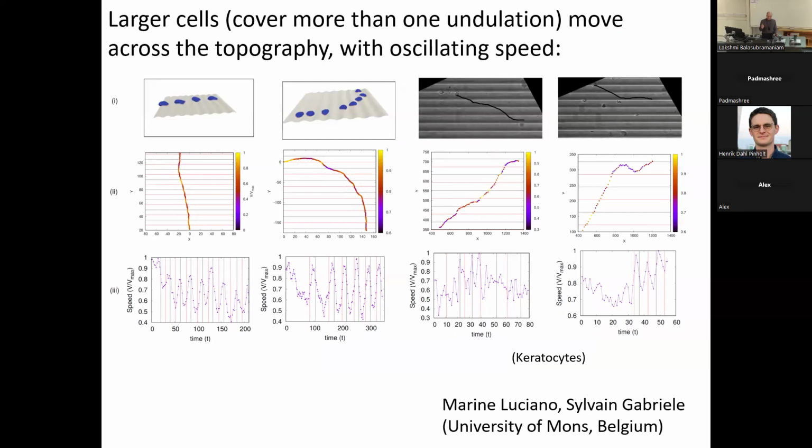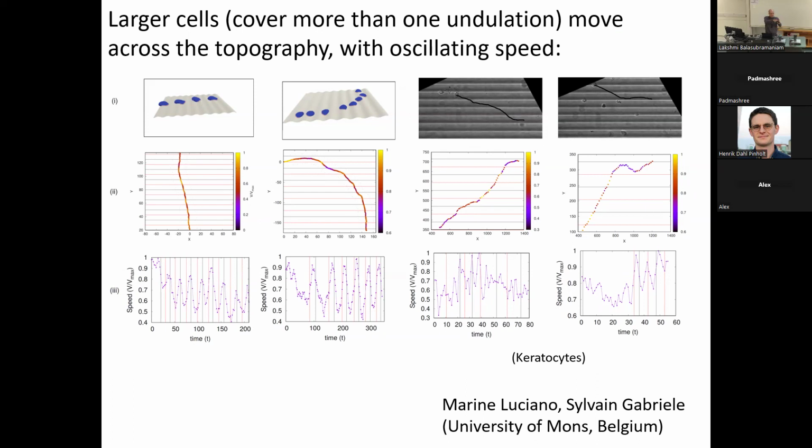But what's interesting is that if you simply change the wavelength of that sinusoidal pattern such that this object of ours, whatever you want to call it, this mini cell, doesn't fit snugly within the groove, but is now, because of the wavelength, which is smaller compared to the size of the object, it spills over to the opposite curvature, right? Because the groove has one sign of curvature and the ridge has another sign of curvature.